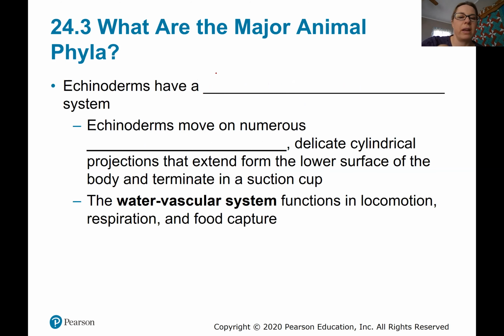Echinoderms also have a water vascular system. And in a few days, we're going to have a virtual lab looking at the sea star dissection, and we'll get into more exactly how the water vascular system works.